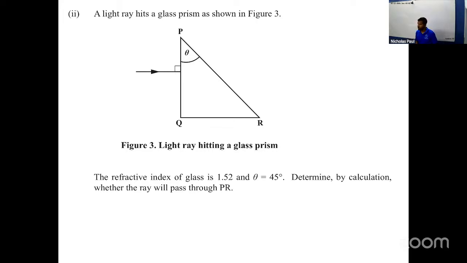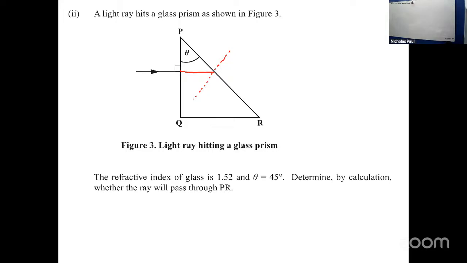Now, when a ray travels along the normal, what happens? Undeviated. Right? So it will travel along the normal undeviated until it reaches the surface here. What's the angle of incidence there?